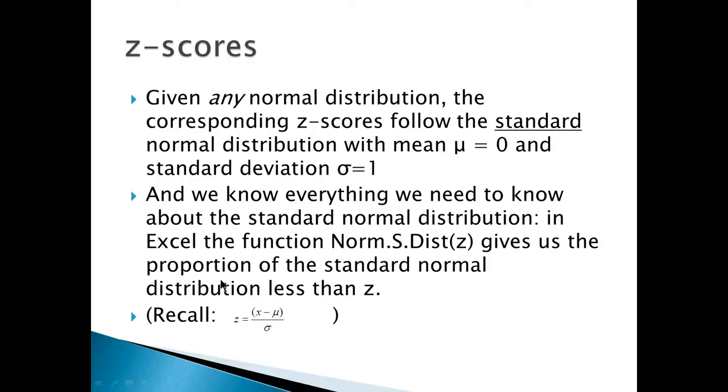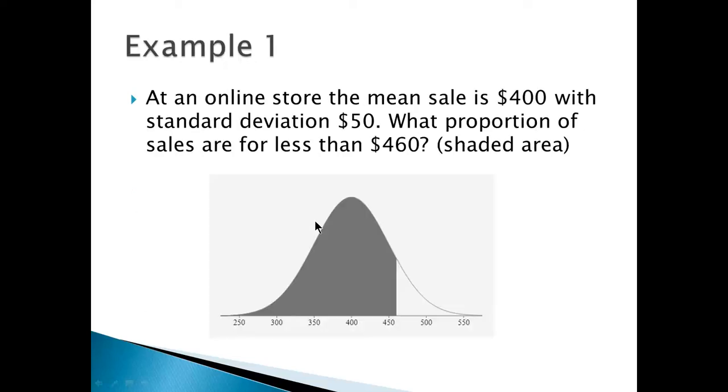So this is pretty wacky. Let's look at an example. So at our online store where the mean is $400 and standard deviation is $50, what proportion of sales are for less than $460? So here we have shaded in the region under the curve where the sales are less than 460.